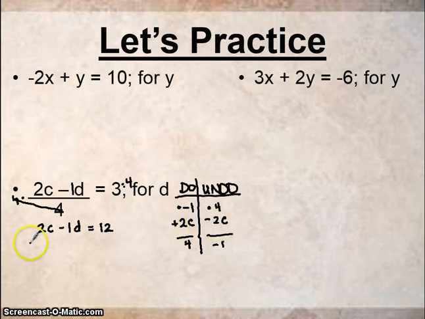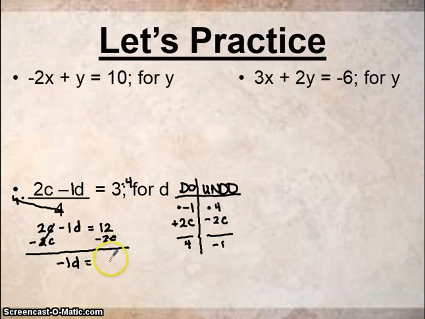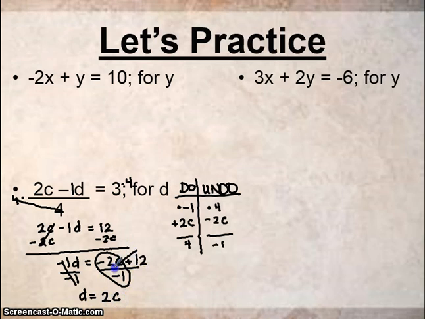Now we're going to take 2c away from each side. 2c minus 2c makes 0, so we have negative 1d left, equals, these are not like terms, so just write them down, negative 2c plus 12, divide each side by negative 1, so we get d equals, this is shared division, negative 2c divided by negative 1 makes positive 2c, and positive 12 divided by negative 1 makes negative 12.